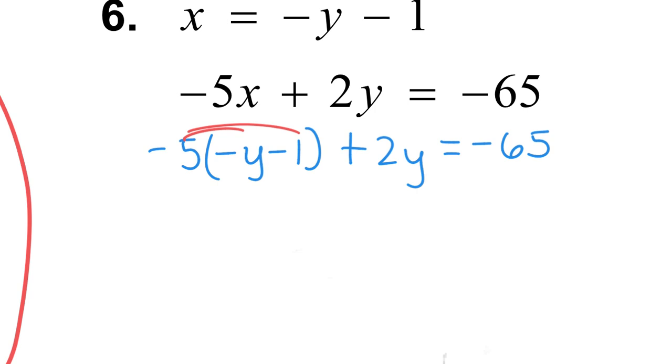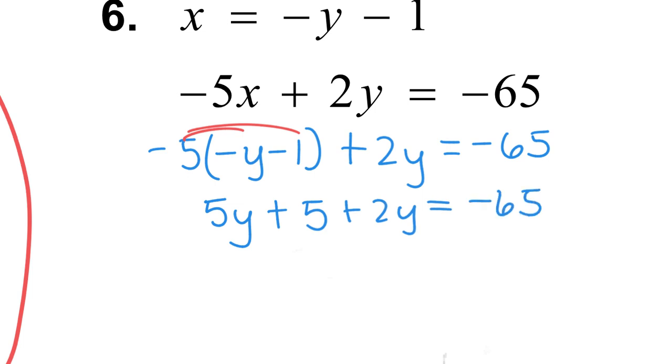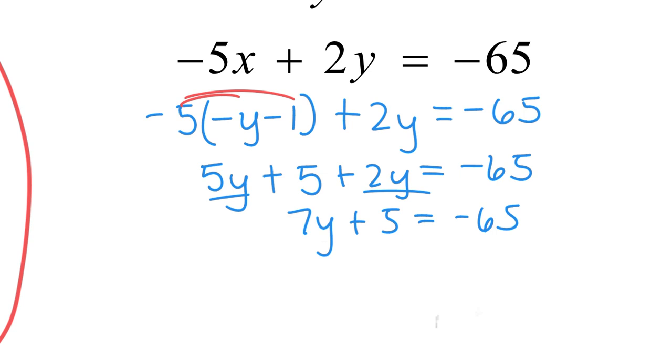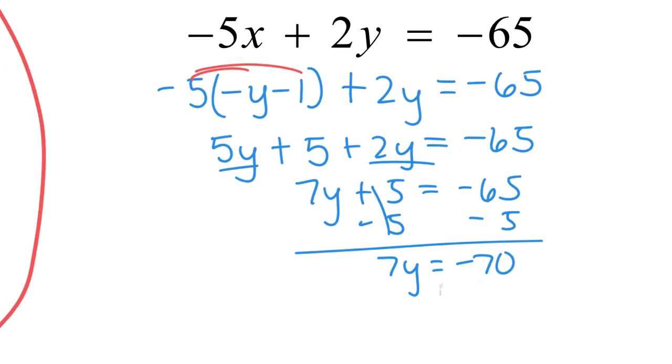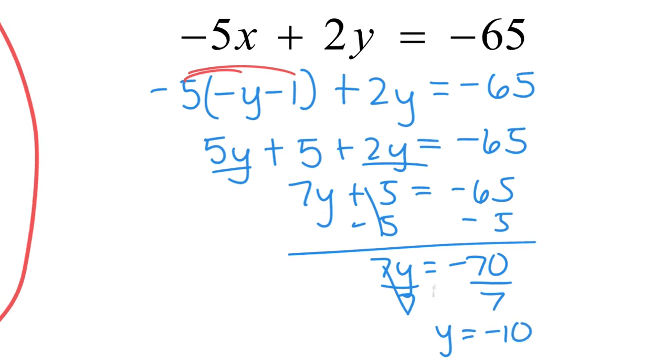Negative 5 times negative y gives me positive 5y plus 5 plus 2y equals negative 65. Combine my like terms, which is 7y plus 5 equals negative 65. Move over my 5 by subtracting it so it could cancel out. I'm left with 7y equals negative 70. Divide by 7, y equals negative 10.